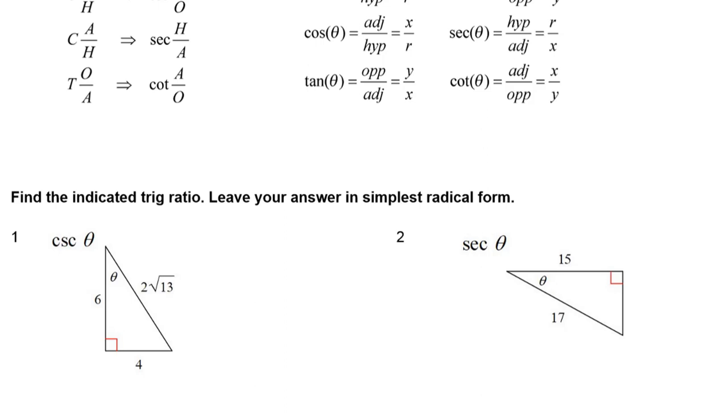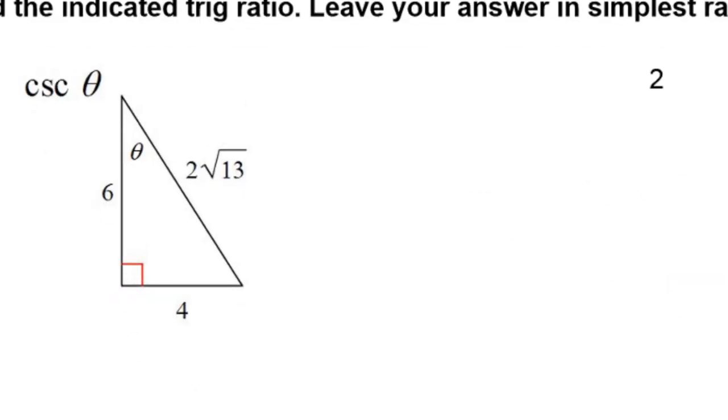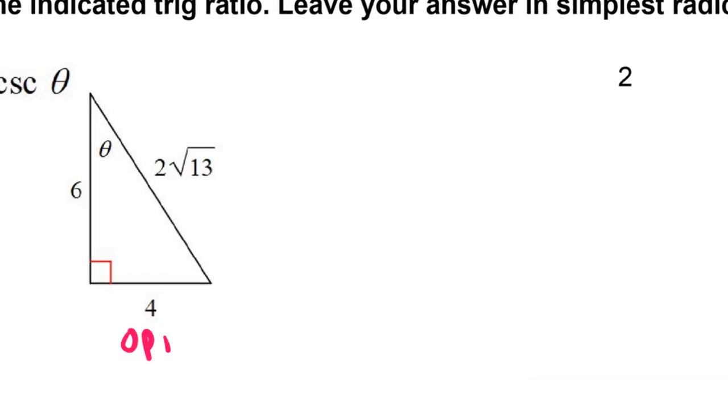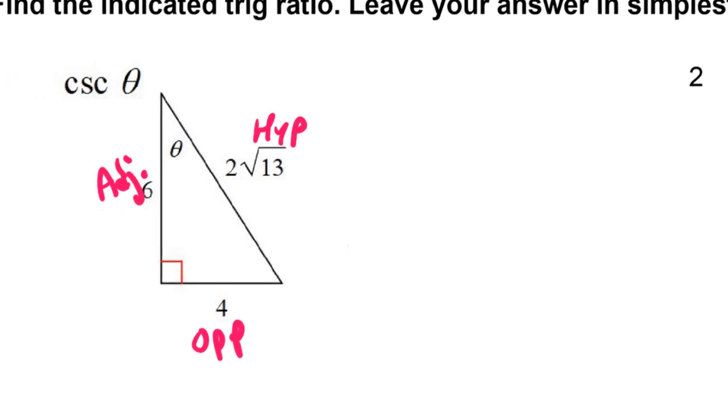So the very first thing you should do is identify where theta, the angle, is, and then look for the three sides: opposite, adjacent, hypotenuse. The opposite side is right here, across from theta. Again, be careful. Here's your hypotenuse, and the adjacent is the side that has 6. That's always the very first thing to do as you start to work with these kinds of problems.